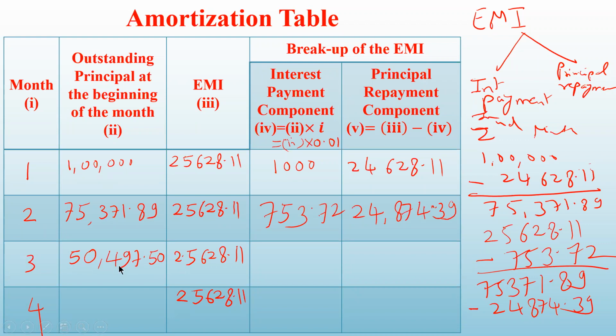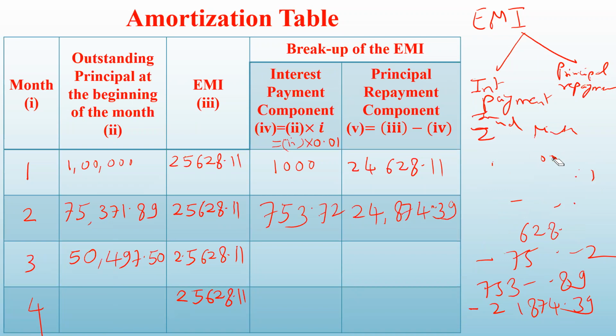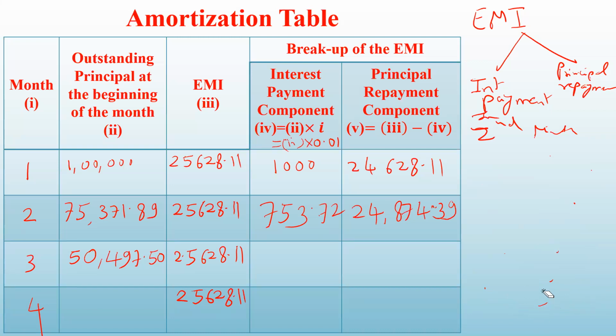50,497.50. Again, in the third month, you have paid this much installment, correct? So again, EMI will get broken up into two parts, interest payment and the principal repayment. So in the third month, interest will be calculated on the outstanding principal. What is the outstanding principal? Outstanding principal is 50,497.50. So on that 1% interest you have to calculate.